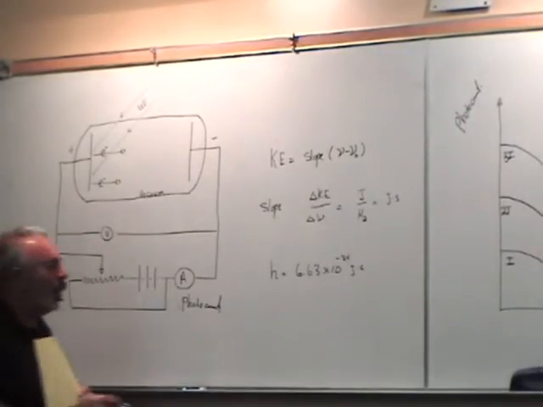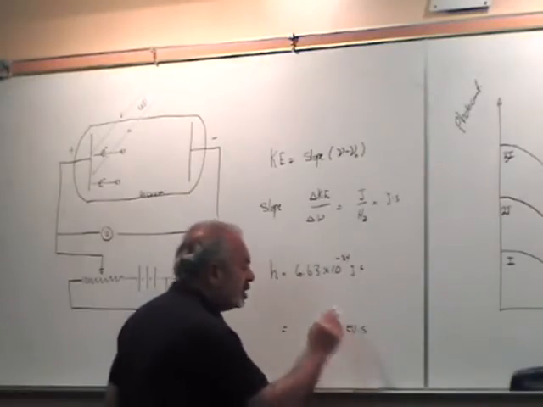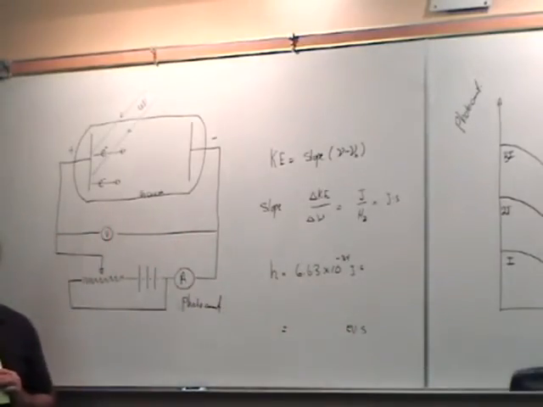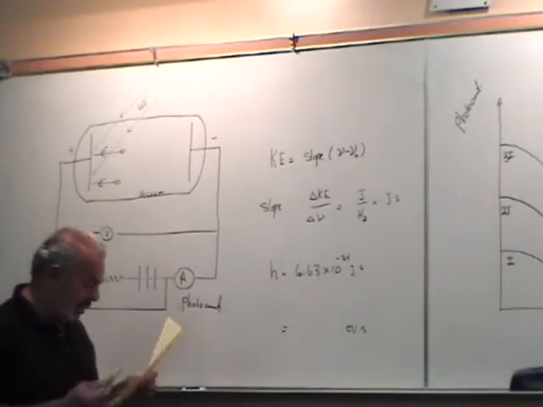Would you find out what that is equal to in eV seconds? Just convert it now. You have the conversion factor, you've got the slope, just do the conversion and then look up and see if you get the number I got.